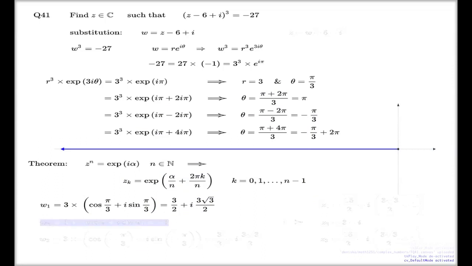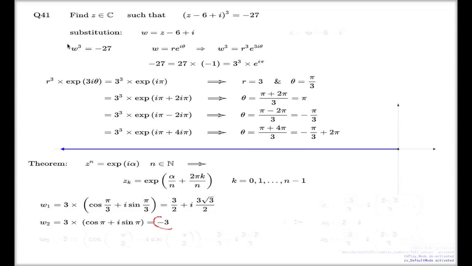Value W2: this is the angle pi, here it is. Sine pi, cosine pi, very simple values, we all know them; it's just -3. And that's actually the solution we know from real analysis.